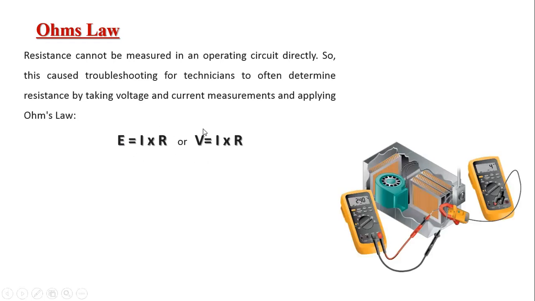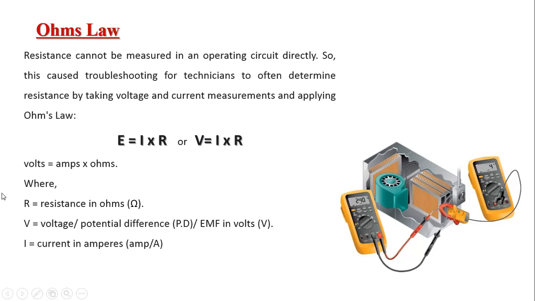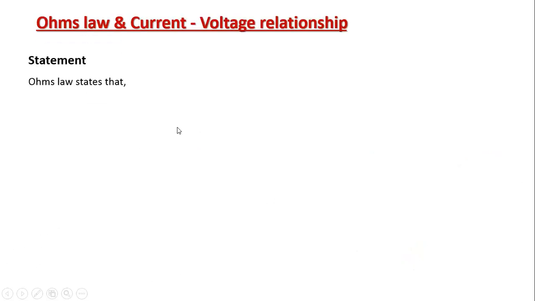So V could be any voltage drop or any EMF. How much resistance is experienced by the current is due to the applied voltage. Voltage equals current in amperes times resistance in ohms.